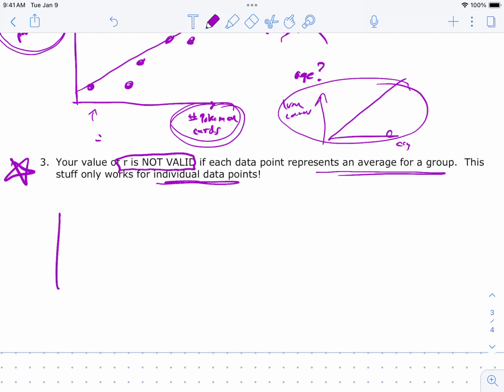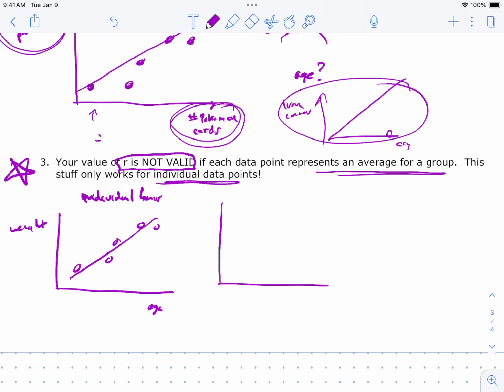Let's talk about, I don't know, bears. So I'll say individual bears. Maybe you measure their age and their weight, and maybe you find some kind of a linear correlation like that.